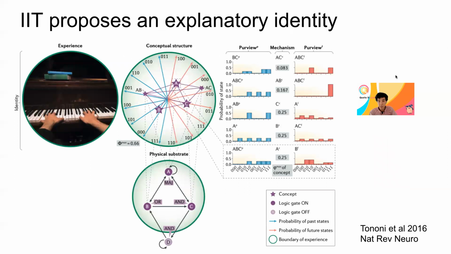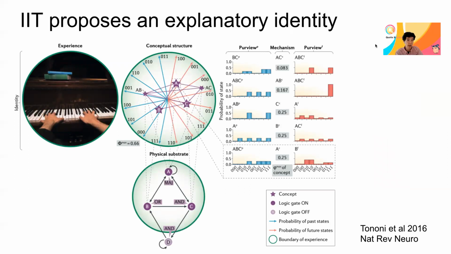And this is a schematic of IIT's proposed explanatory identity. So here, let's say you have an experience of playing a piano. IIT proposes that the brain as a physical substrate has very different, complicated connections, but only a subset of this brain, let's say ABC, with specific connection rules, starts to have constraints on the past and future.